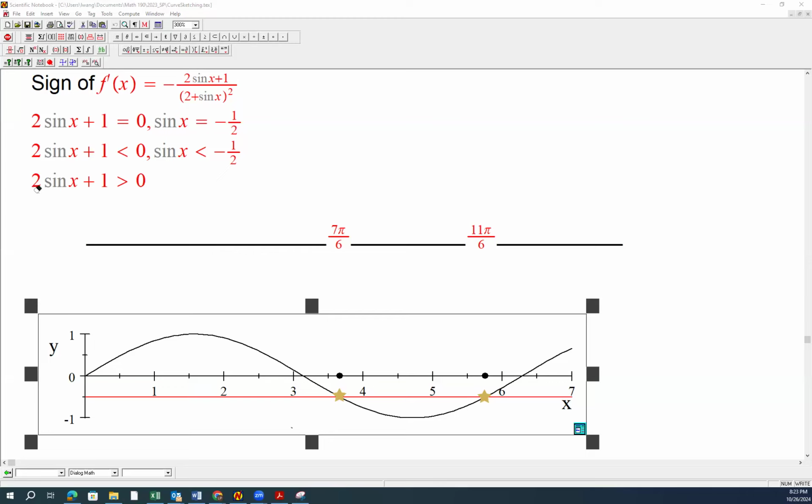Sorry about that, I need to make the curve neater. So this point is 7 pi over 6, comma, negative half. You see, I drew that red horizontal line, which is y equals negative half. And this point is 11 pi over 6.